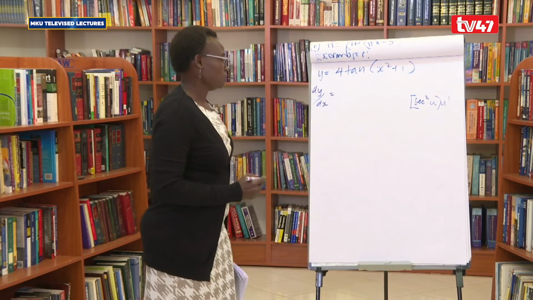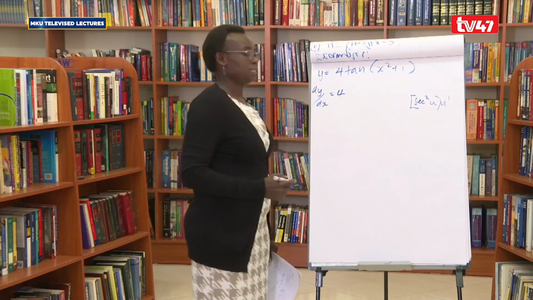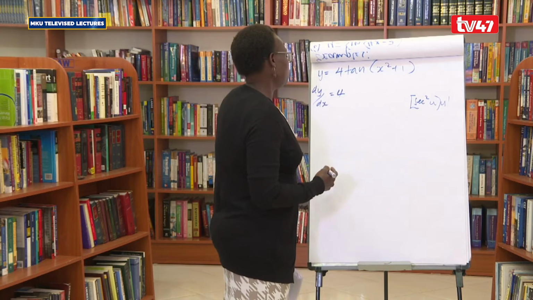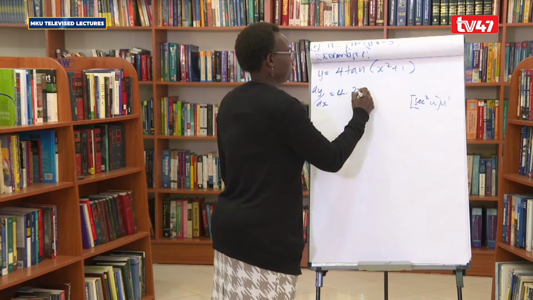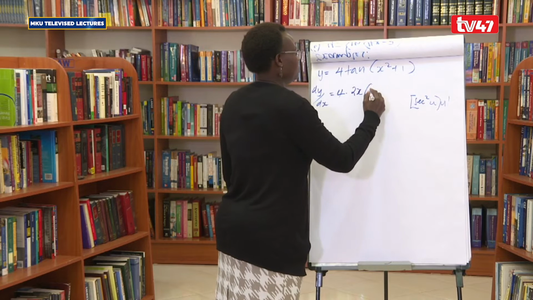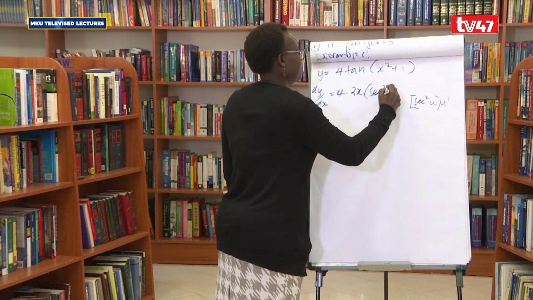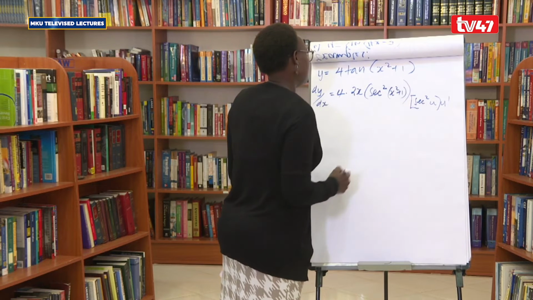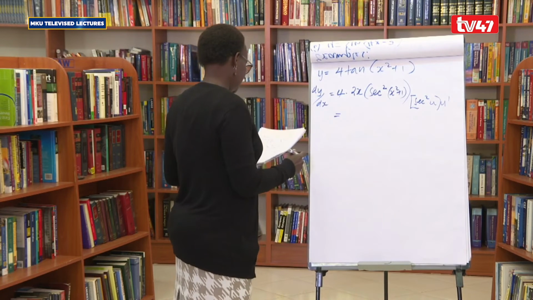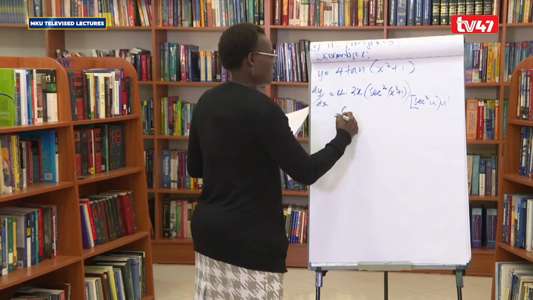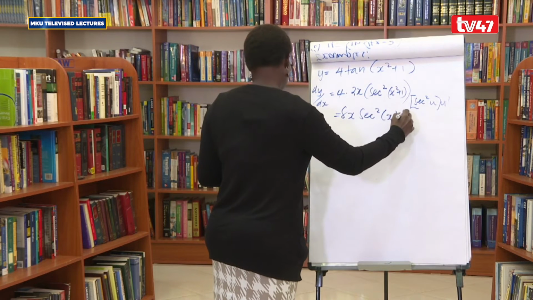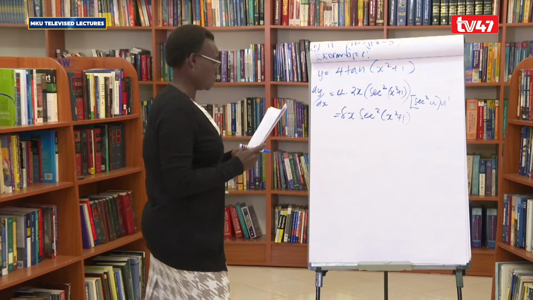So that would give us 4, which is a constant multiplying our function, and then u bar would give us 2x, times sec squared of x squared plus 1. So this gives us 8x sec squared of x squared plus 1.